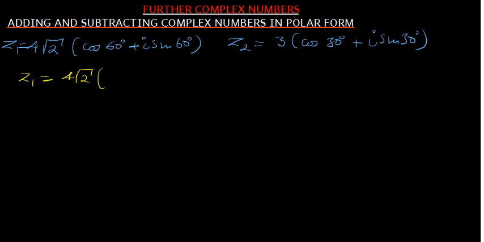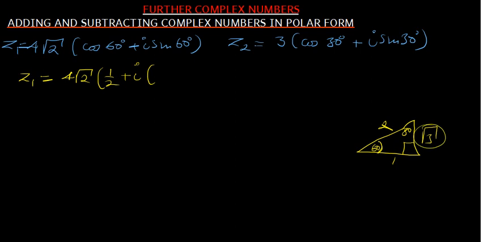Now cos 60, if we consider on the special angles, this is a 60, this is a 30, 90, this is 1, this is 2, this is root 3. So cos is adjacent over hypotenuse, so cos 60 is 1 over 2, and then plus i sin 60. Sin is opposite over hypotenuse, it's root 3 over 2.